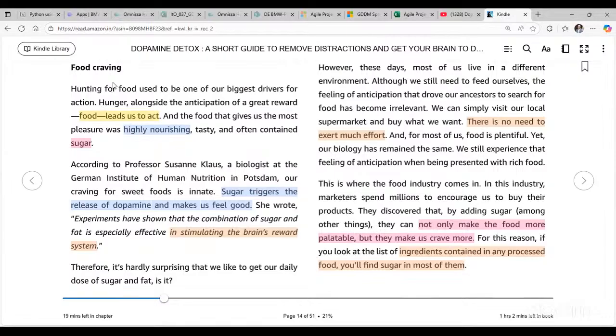I tried to closely observe why I feel like that if I'm full after dinner or lunch. It is a form of craving.